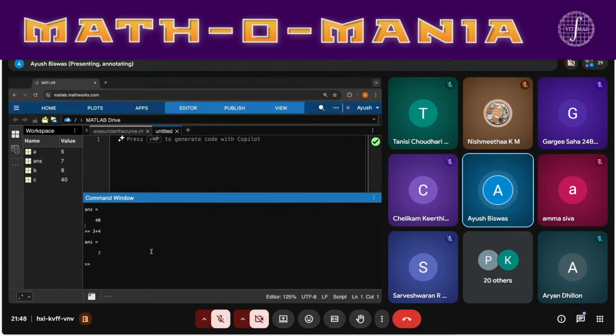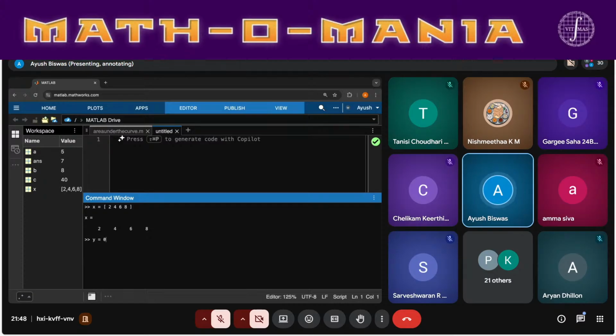Now let us create a few vectors, like 2, 4, 6, and 8. We will be using these vectors to show the next calculations on MATLAB.